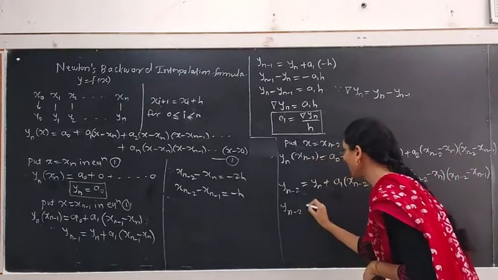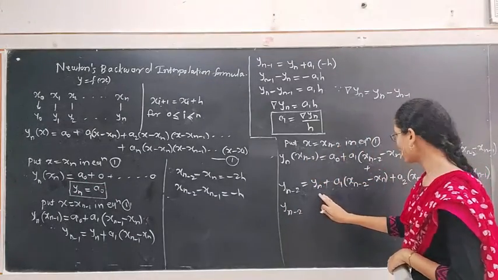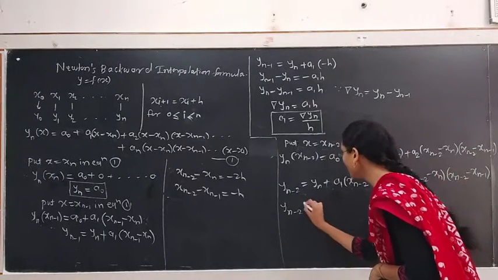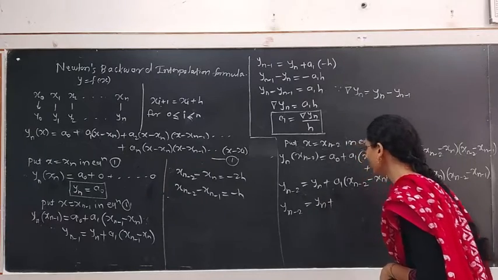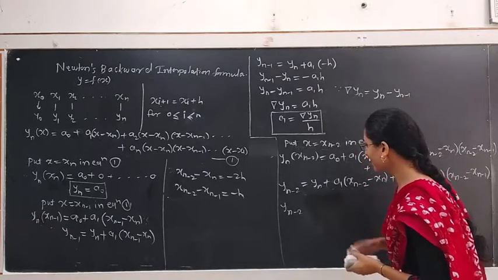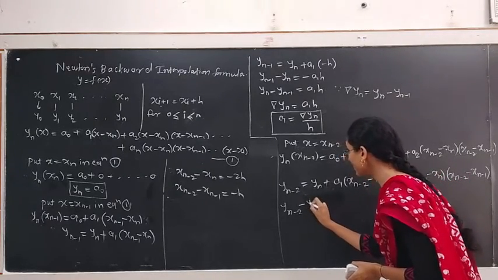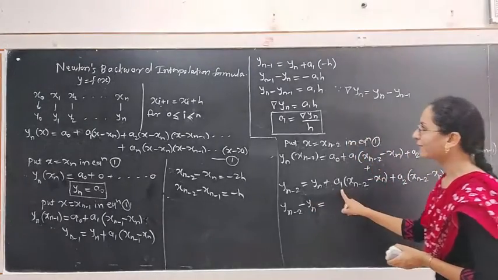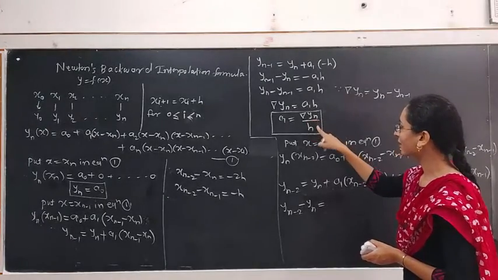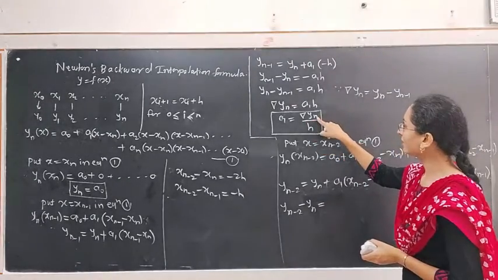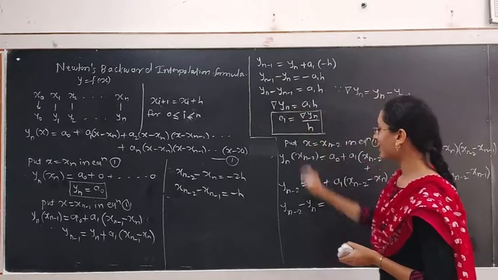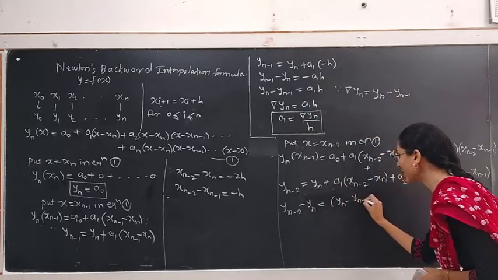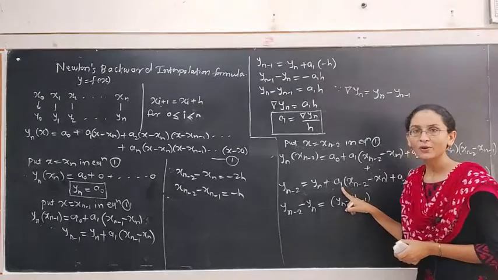y_{n-2} is equal to y_n. If we consider this y_n on the left side, then it will be minus y_n is equal to the value of a1, which is del y_n upon h. What is del y_n? Del y_n is y_n minus y_{n-1}. We are only using the value of a1.